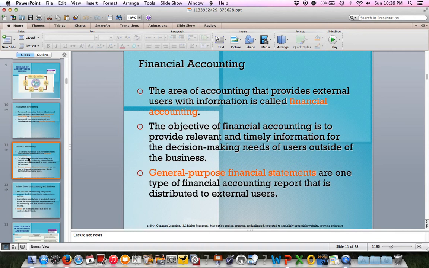And of course, the users need information that is relevant and timely. So basically it's near the end of an accounting period to meet their needs. And so we have what we call general purpose financial statements, which are produced by financial accountants and given to those external users. So we're going to really spend our time talking about financial accounting.